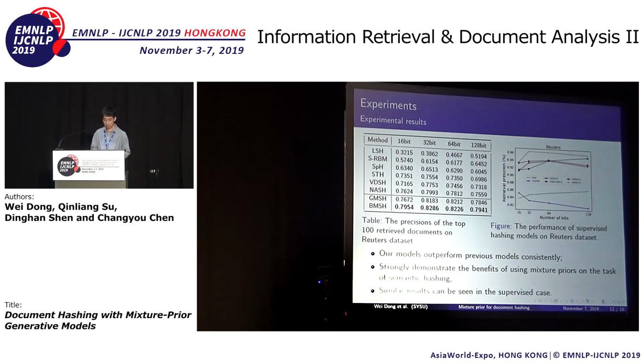One explanation is that the mixture prior allows the documents to be regularized by different mixture components, guiding the model to learn a more distinguishable representation for the documents. It can be further observed that BMSH achieved the best performance.